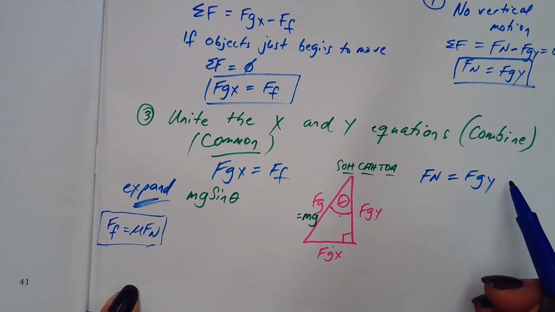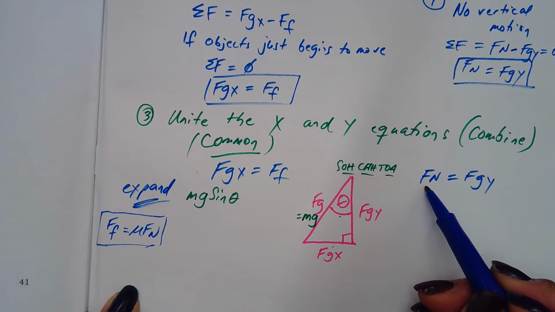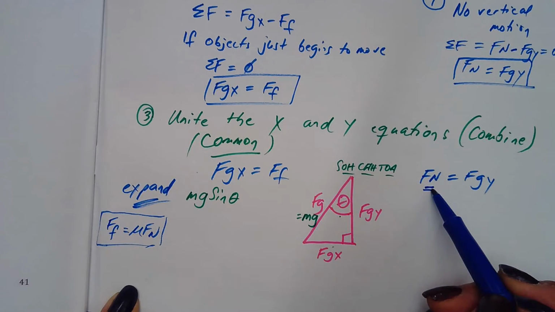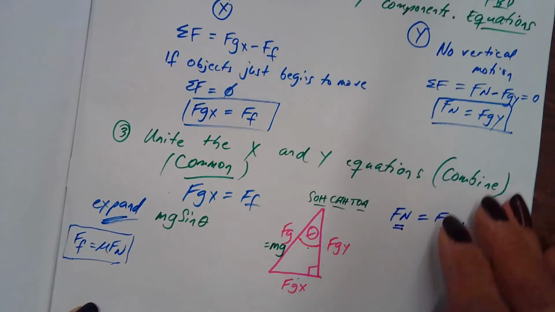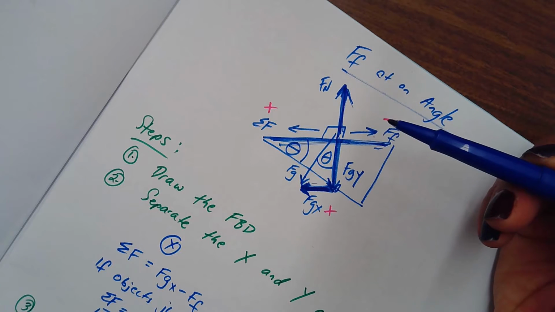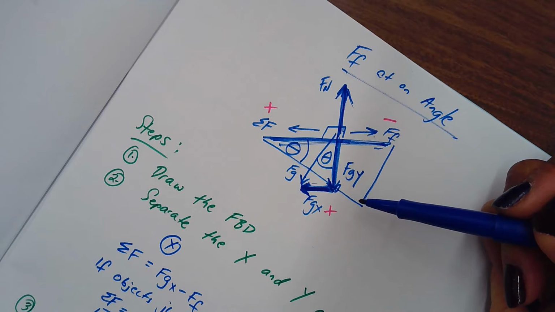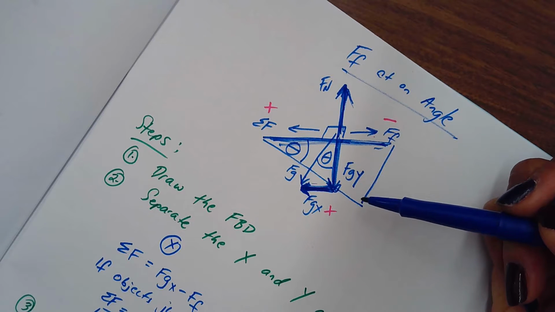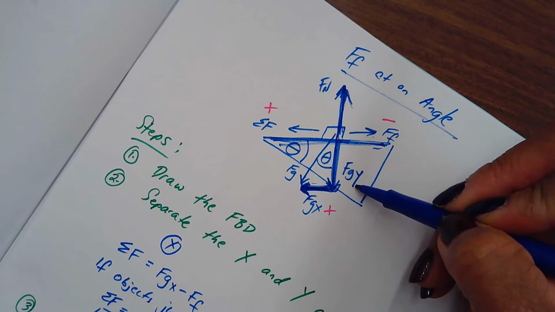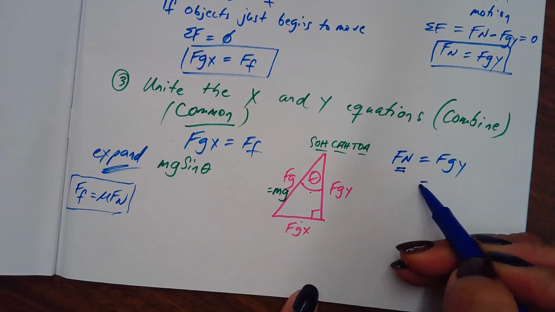That is when you incorporate the y component. See right here? Well, what's Fn? It's Fgy. Go back to your diagram right here. What is balancing this Fn so the box isn't going off the table? It's the Fgy. Gravity on the y-axis is holding it down, but not Fg. It's Fg of y. Okay? So we know that Fg of y is Fn.